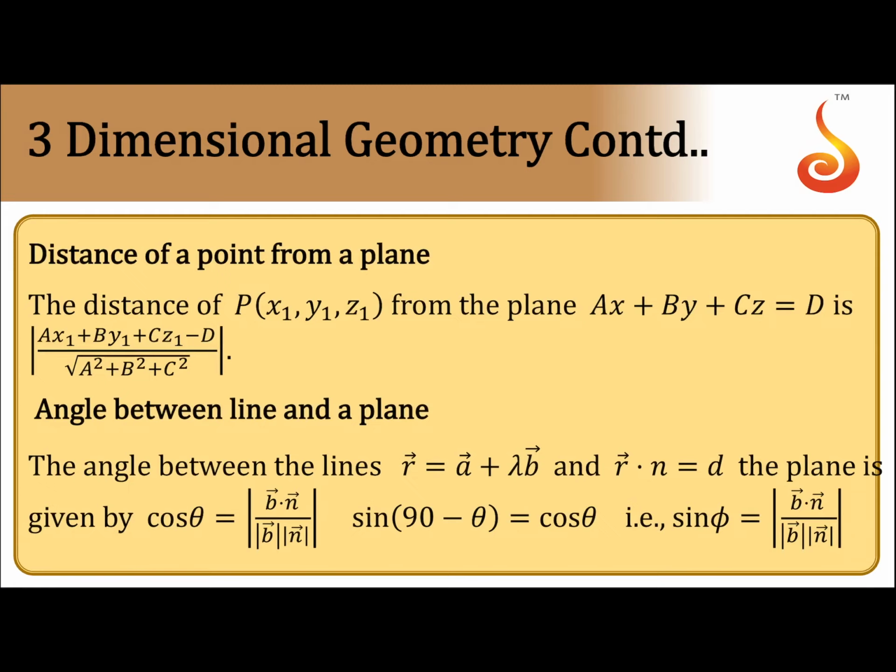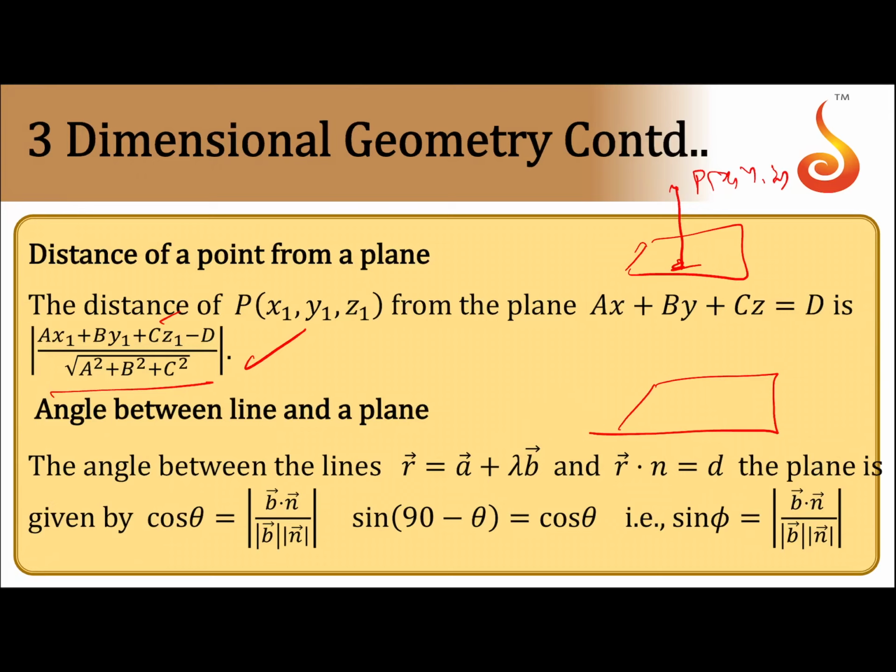Distance of a point from the plane. If you consider the point P as x1, y1, z1 and this is the plane given to you, the perpendicular distance is given by the formula as in two-dimensional coordinate geometry, with a little extension: the z part will be there. And the angle between a line and a plane. Suppose you consider a plane whose normal is n bar, and a line passing through the point A and parallel to the vector B bar.